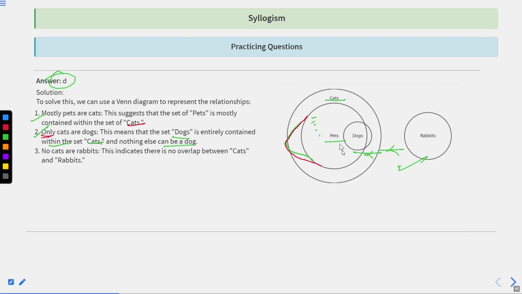Now, according to this Venn diagram, what we can observe is that yes, there are some dogs which can be pets. But here we need to understand, if the question says that there are some cats which are pets, which are dogs, then it would have been correct.